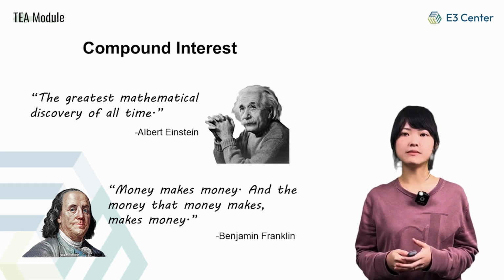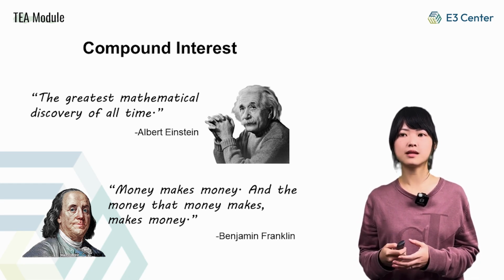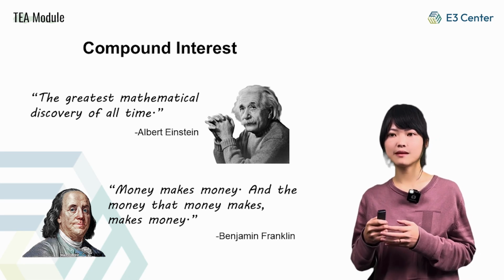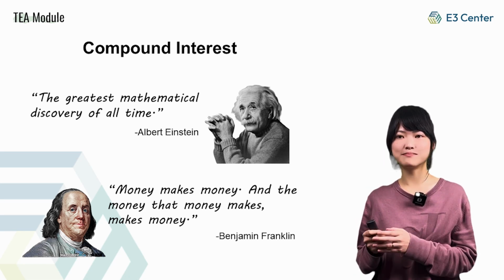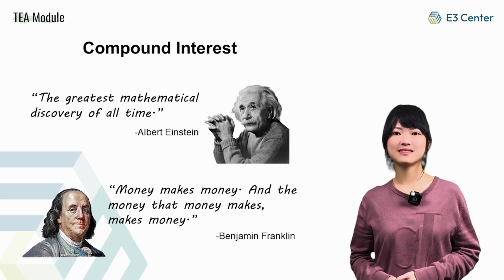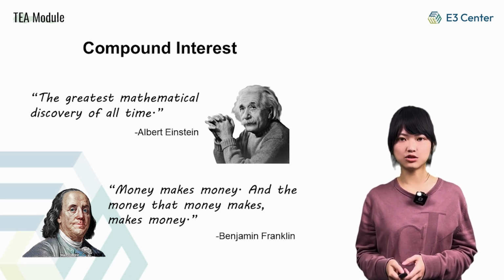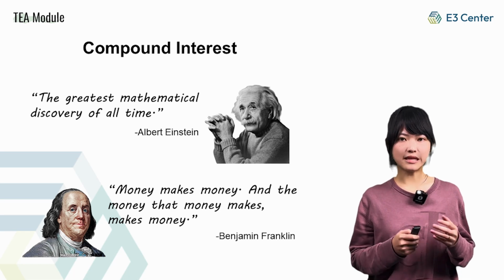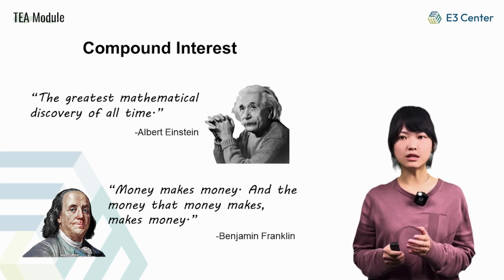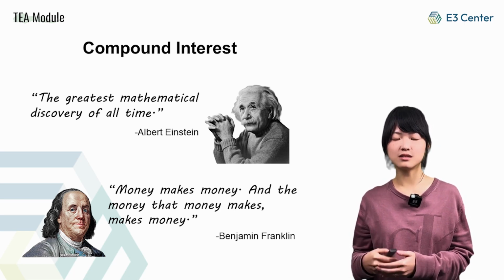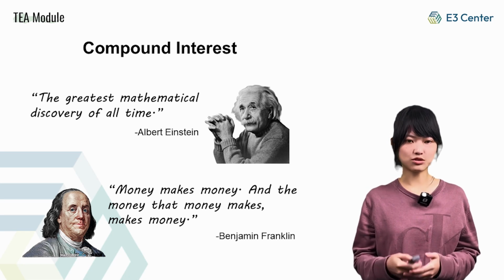And Benjamin Franklin beautifully summed it up. Money makes money, and the money that money makes makes money. This quote emphasized the power of compound interest. Each layer of interest you earn will increase your base, which in turn generates more interest.